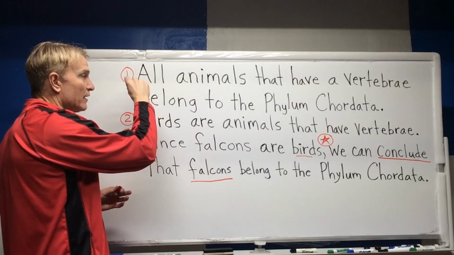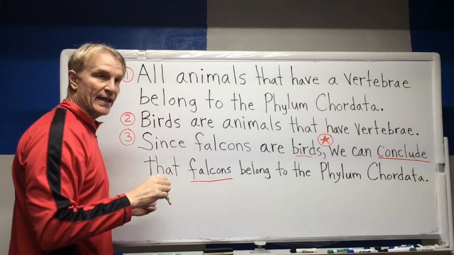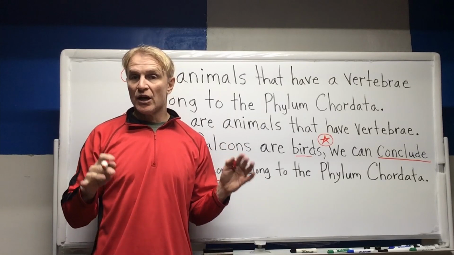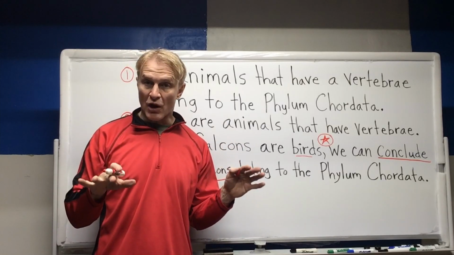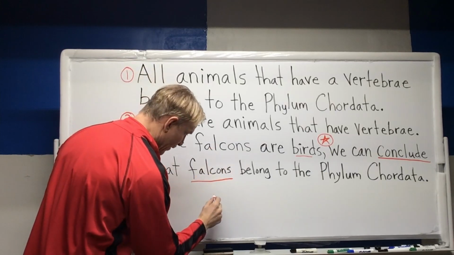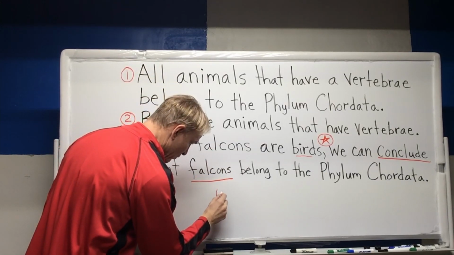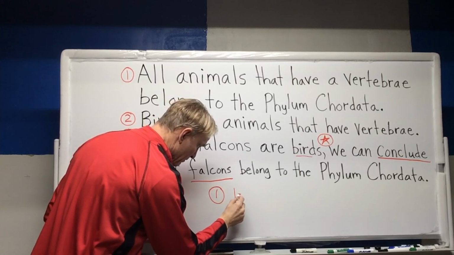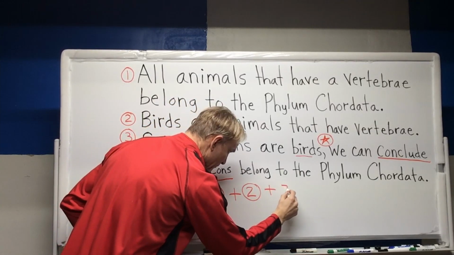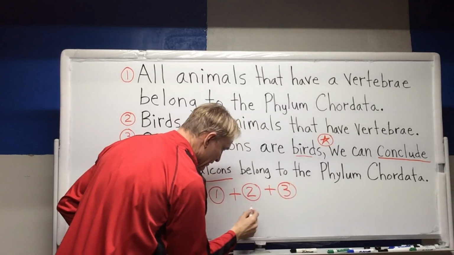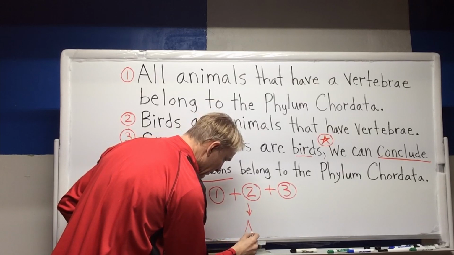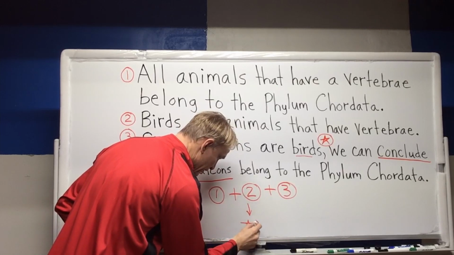So again, statements 1, 2, and 3 seem to be dependent on each other, which would be a joint type argument. And one way of labeling this would be 1 plus 2 plus premise 3, arrows to the star.